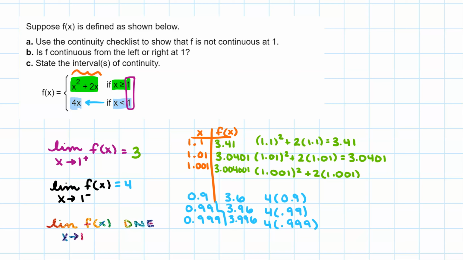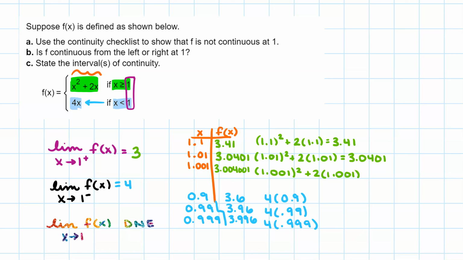So we know that the function is not continuous at 1 because the limit does not exist. But on the right-hand side, it's continuous in its own section, and on the left-hand side, it's continuous in its own section. It's just where they don't meet up, so the whole thing isn't continuous in general.